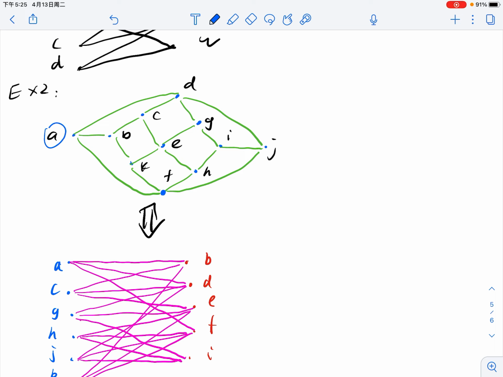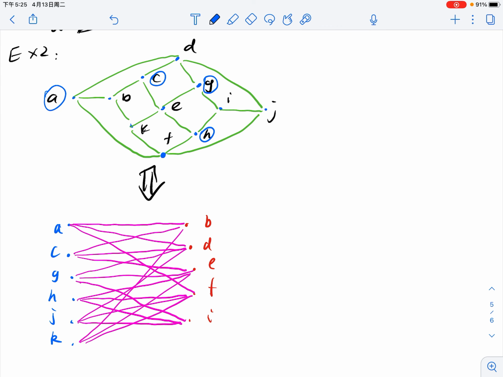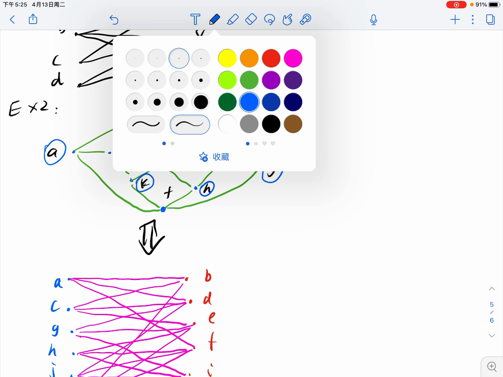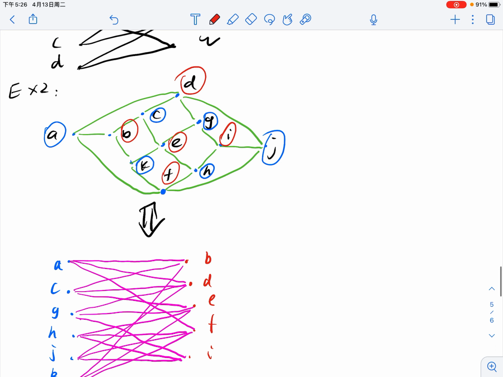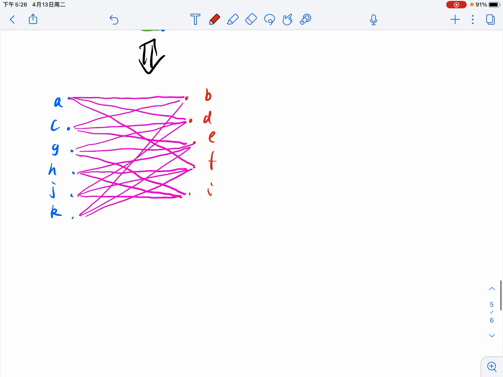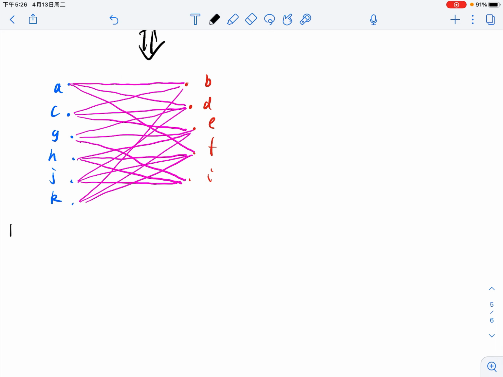Just A, C, G, H, J, K. Those are in the same group, and then the remaining D, B, E, F, I in the other group. Okay, so they are separated. A blue vertex must be connected to a red one, and vice versa.